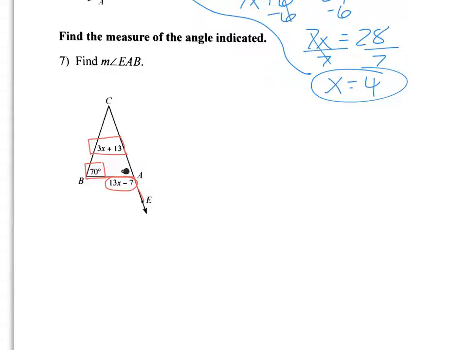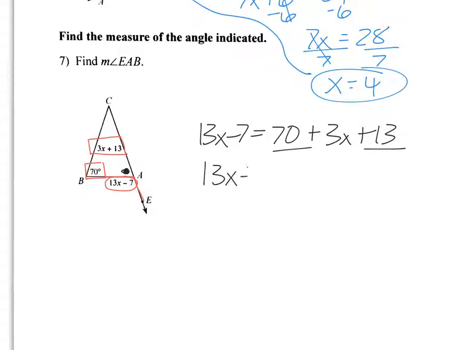So the theorem again says the exterior angle is equal to the two remote interior angles added together. So our equation becomes exterior angle equals one interior plus the other remote interior. Do like we did before, combine like terms.